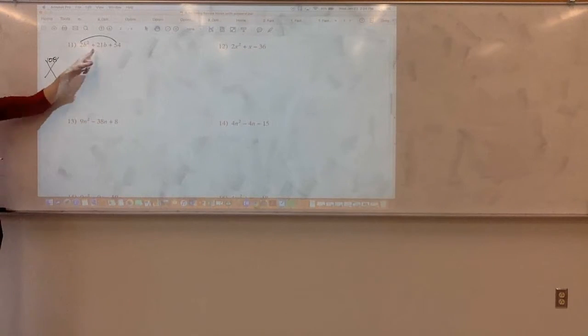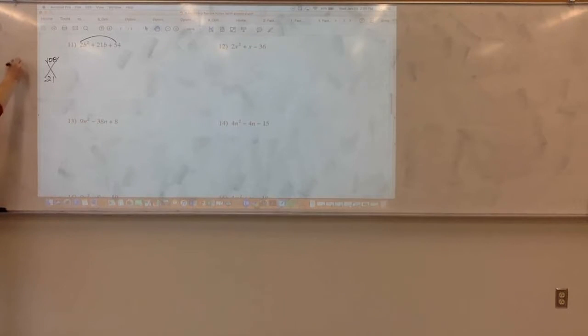Then my B value, 21, goes in the bottom. And now I want to find two numbers that multiply to 108 and add to 21. And that's not immediately obvious to me. So let's list out the factors of 108.